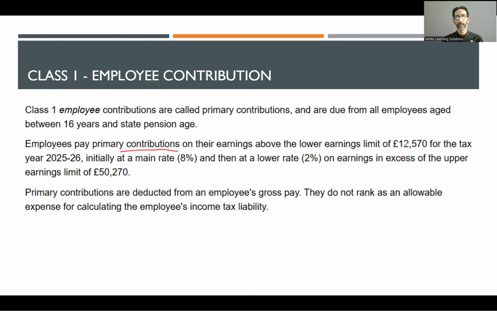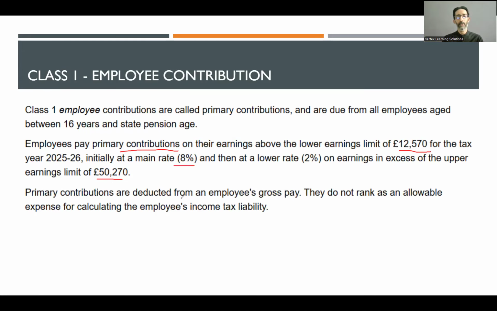So the first 12,570 has no NIC. Then the upper limit is 50,270. In between these limits, 12,570 and 50,270, a main rate of 8% is applied. And then there is a lower rate on the excess above 50,270. Okay, so this is how it works out.